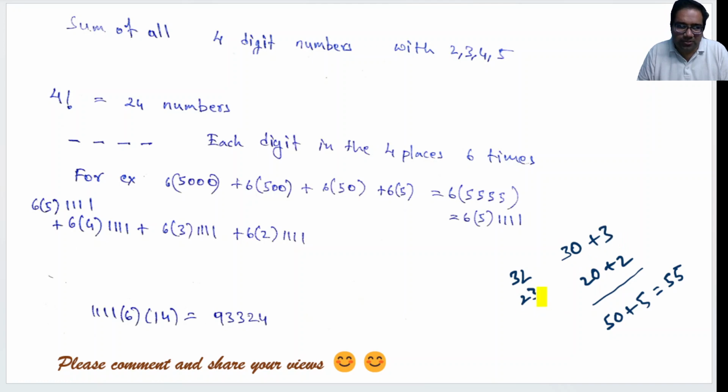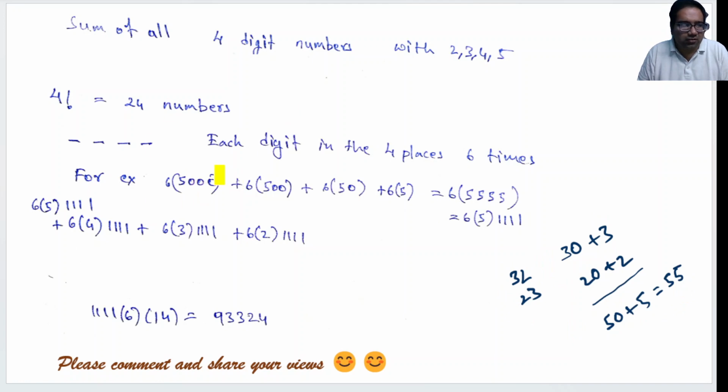Two's contribution is 2 times 10, which is 20, and just 2. The total of 30 plus 20 is 50, and 3 plus 2 is 5. So the total is 55. We can directly add also.